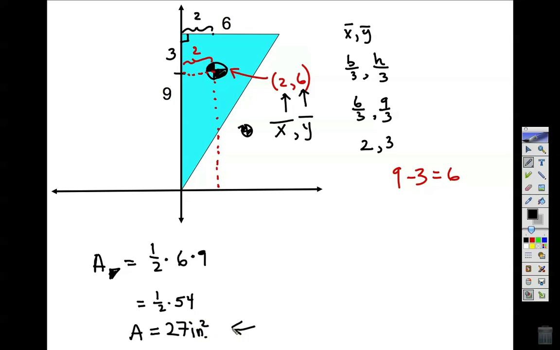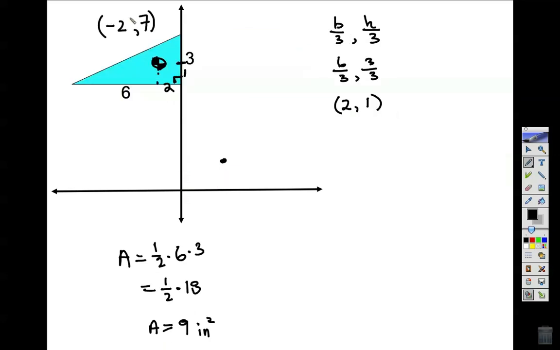Inches squared. Again, this is the number we want to keep in mind. Here are the x and y's that we want to keep in mind, and the area we want to keep in mind. We're going to use those to fill out our table once we get to the table for steps 5, 6, 7, 8, and 9.